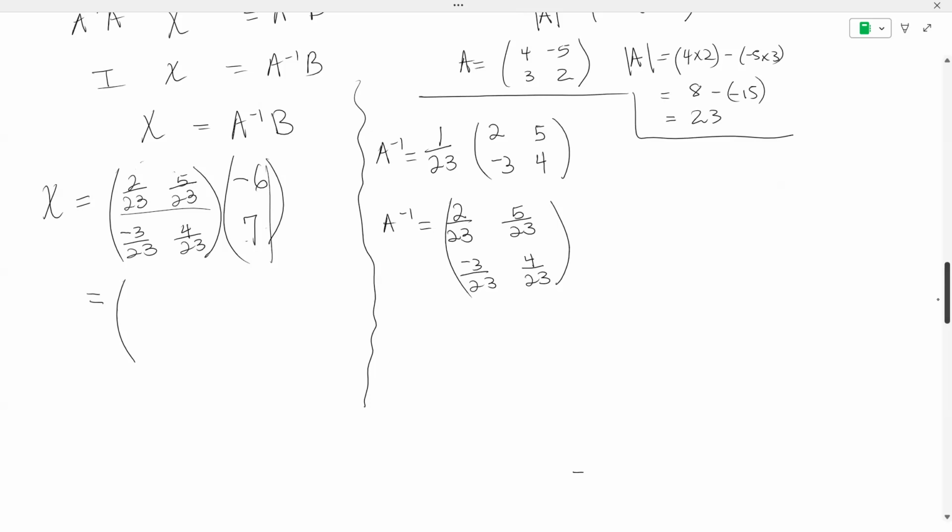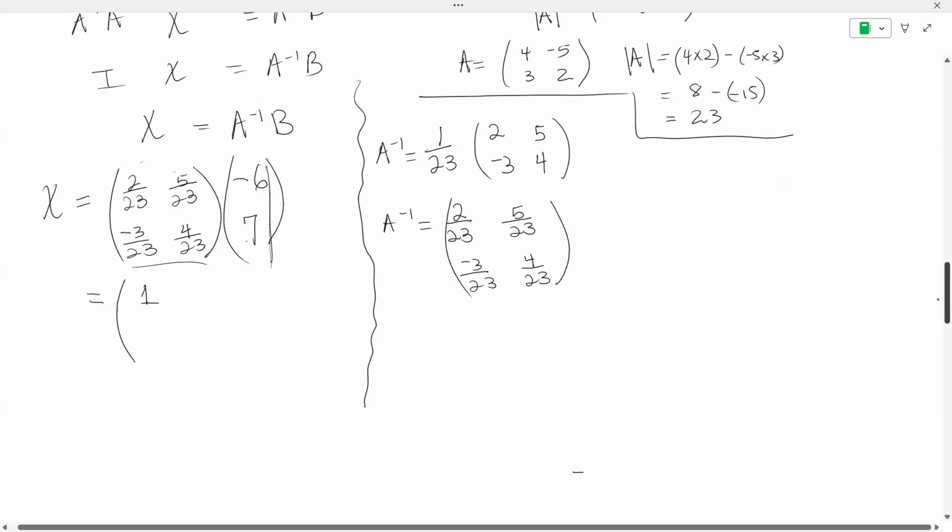Nobody has an answer for me? One, thank you. And then when we do the second one, row by same column, because it's only one column, what would we get?